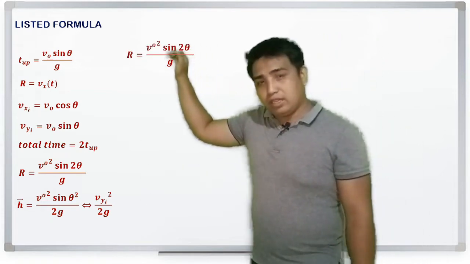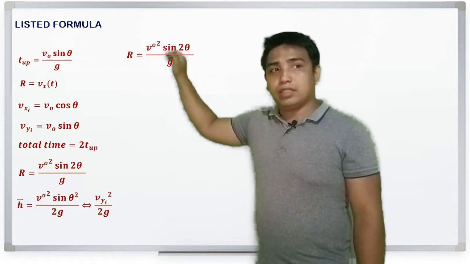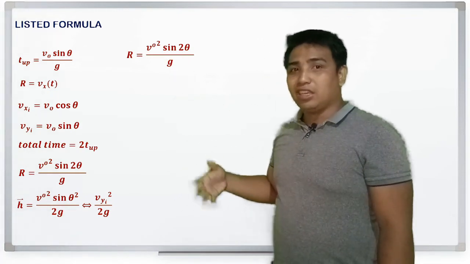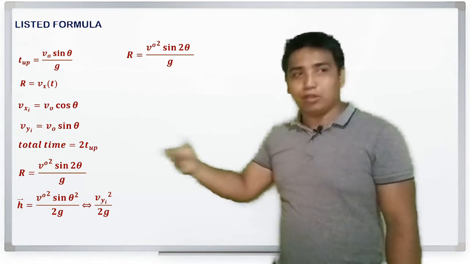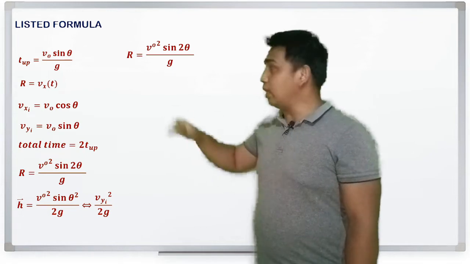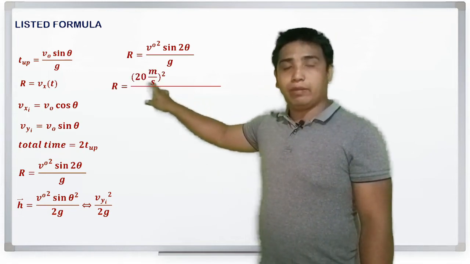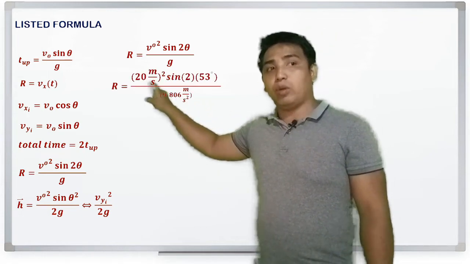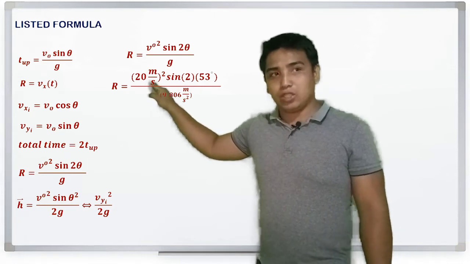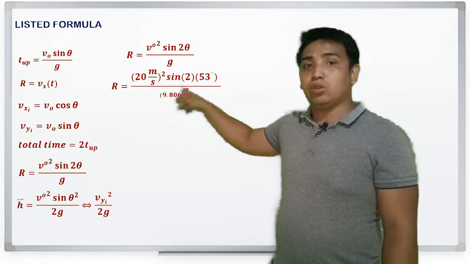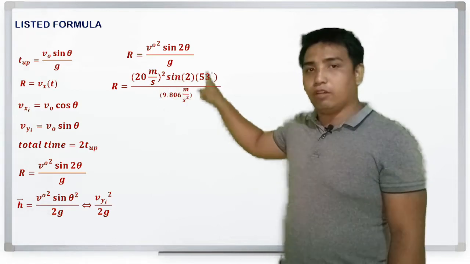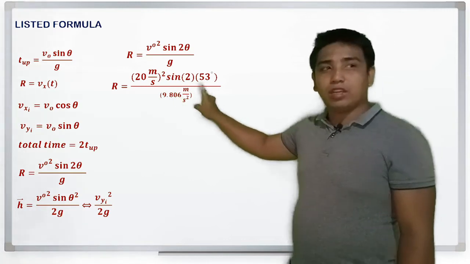What is the muzzle velocity? The muzzle velocity is also the velocity at which the kicker kicks the football. It's given, and it has a value of 20 meters per second. Then we have to square that, so 20 squared is 400 meter squared per second squared, times sine 2 theta, so sine of the quantity 2 times 53 degrees.